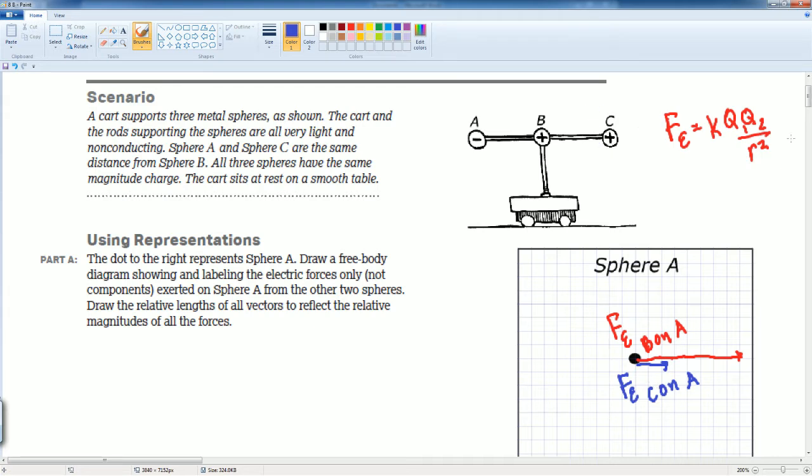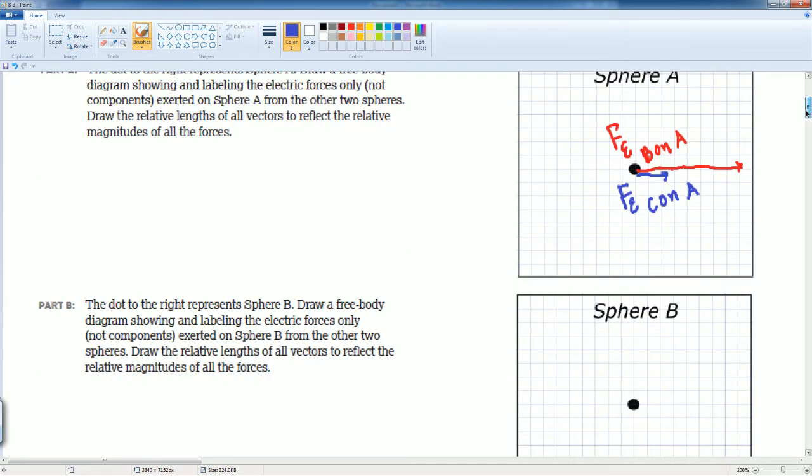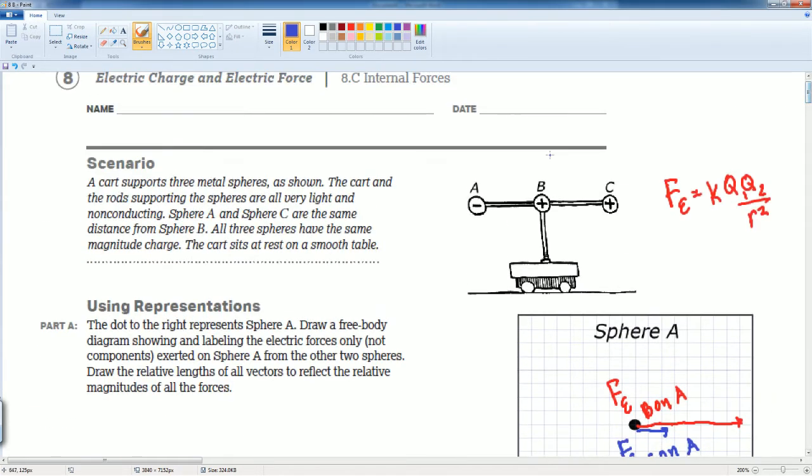is farther away. Now, part B asks us from the point of view of B. If we look at B, you can see a couple of things happening. First, we can see that A is attracting it. So there's a force going this way.